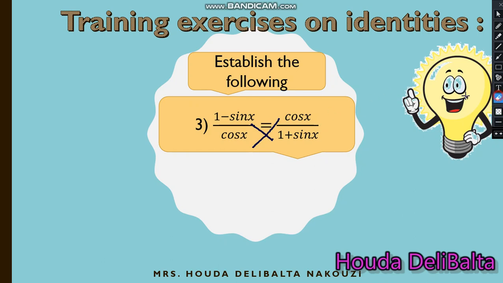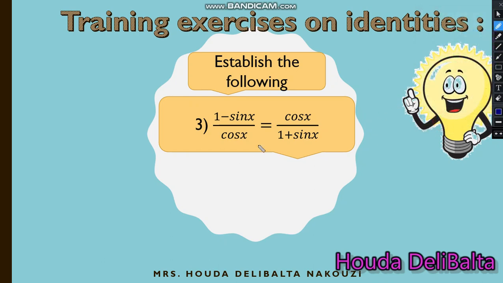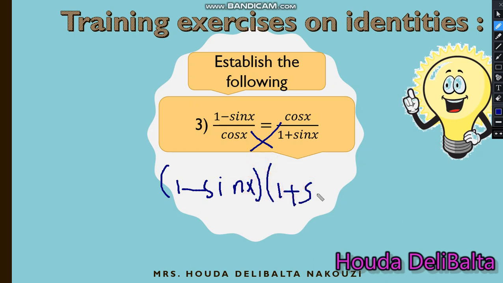Whenever I see a fraction, all what comes to my mind is to cross multiply them. So I will get that 1 minus sine x is going to be multiplied by 1 plus sine x.